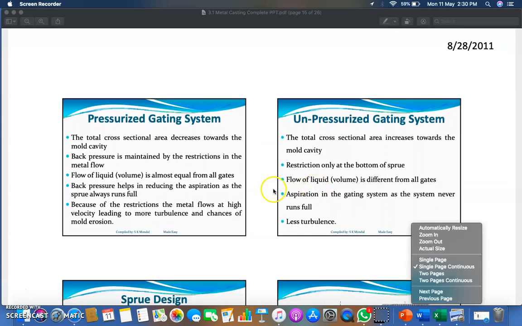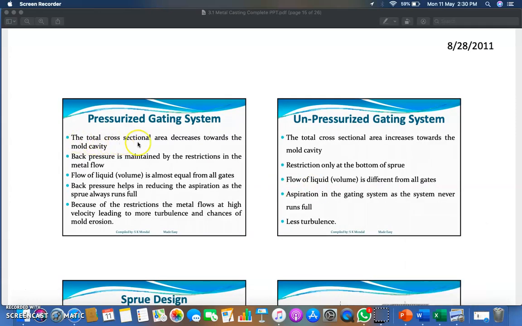In pressurized gating systems, the total cross-sectional area decreases towards the mold cavity, while it is opposite in unpressurized, where the total cross-sectional area increases towards the mold cavity. The back pressure is maintained by restriction in the metal flow.